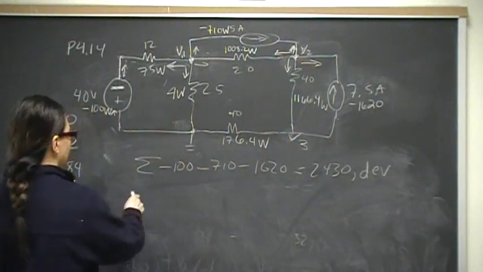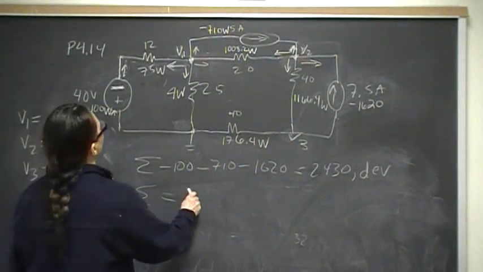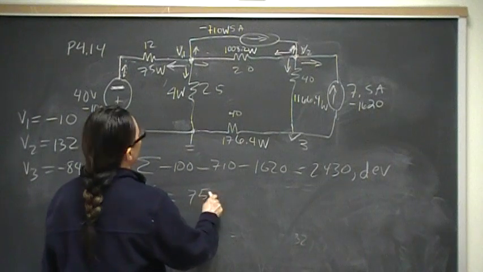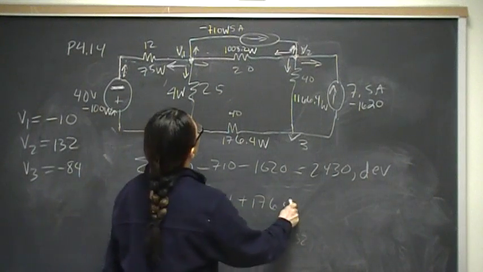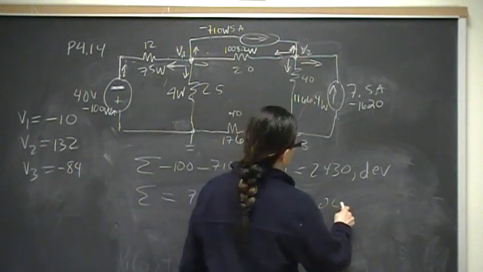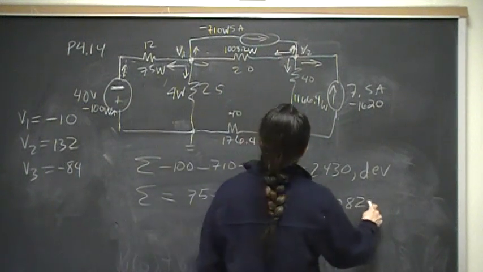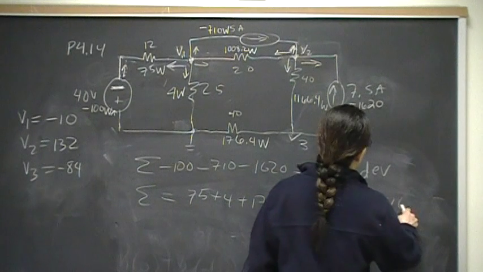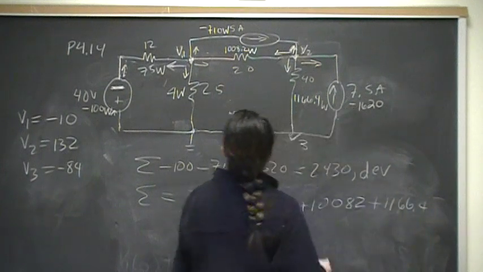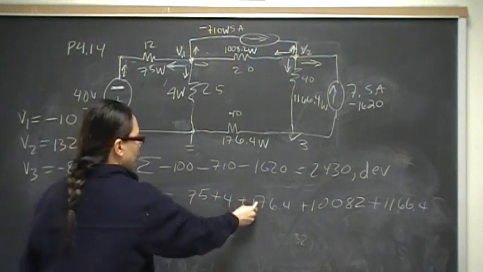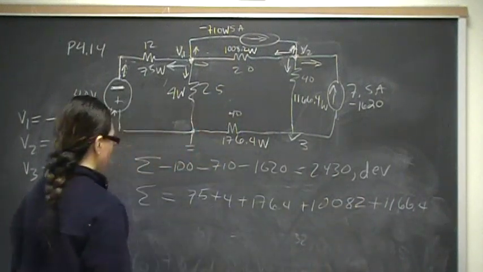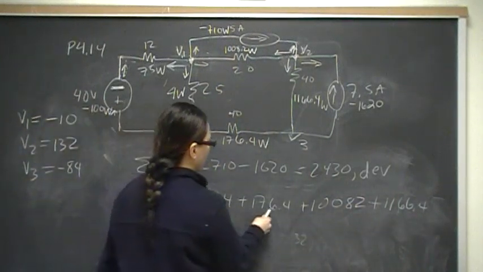Now the positive numbers, we have 75 plus 4 plus 176.4 plus 1008.2 plus 1166.4. That's five terms.